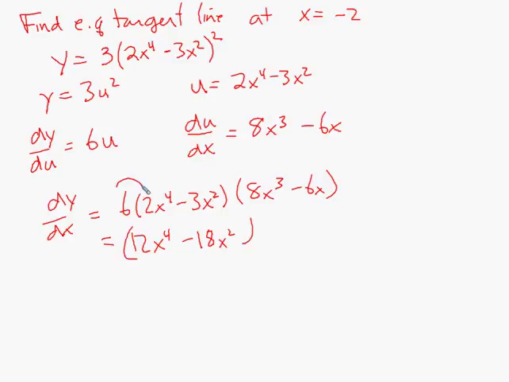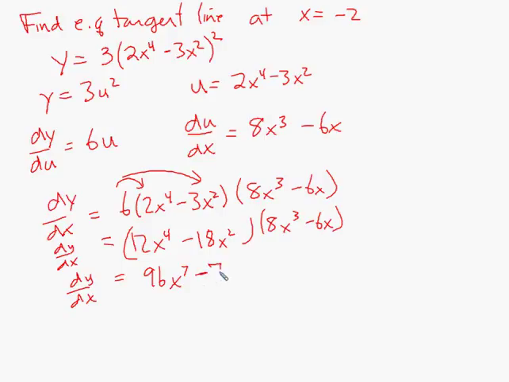See, I distribute this into that first thing. And we could expand that, so why not? What's 12 times 8? 96. Okay? And then 12 times 6 is 72, so minus 72x to the 5th.